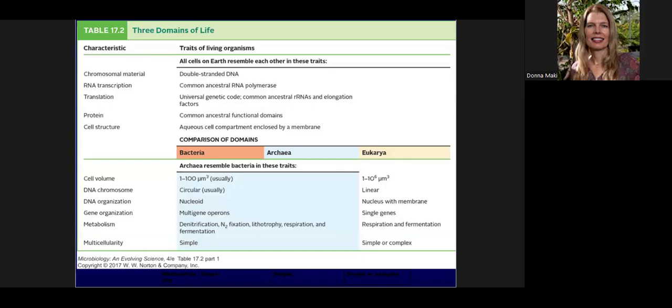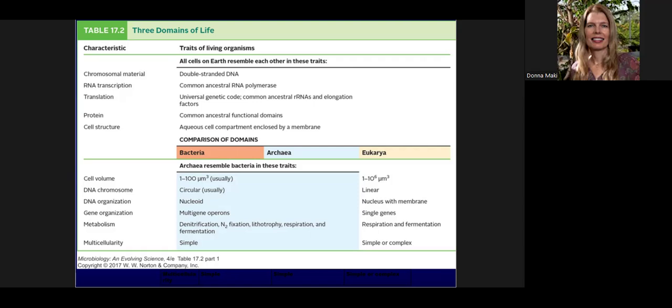So it's a challenging thing in the microbial realm to really pinpoint what is a species and whether this is a separate species from that one, and it can get a little confusing. So this is a table that's commonly provided to get you thinking about how they differ or how they are similar. And this is done at the domain level. So the top portion of this table is showing all things in common, like all living organisms have this kind of stuff going on.